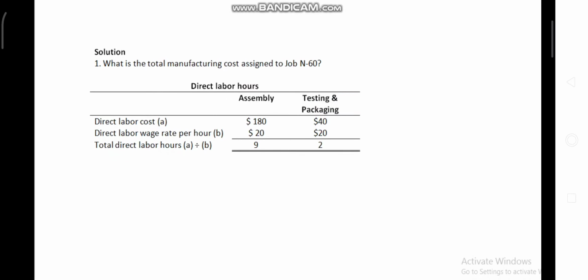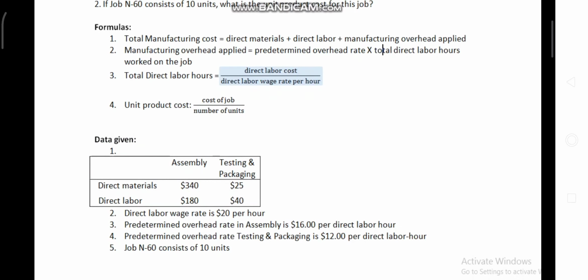Now that we have calculated our direct labor hours, let's jump to the next step, that is manufacturing overhead applied. Now we need the predetermined overhead rate for this query, that is $16 for assembly department and $12 for testing and packaging department.